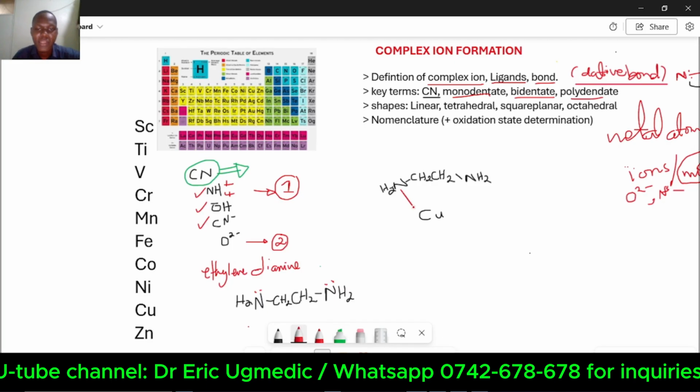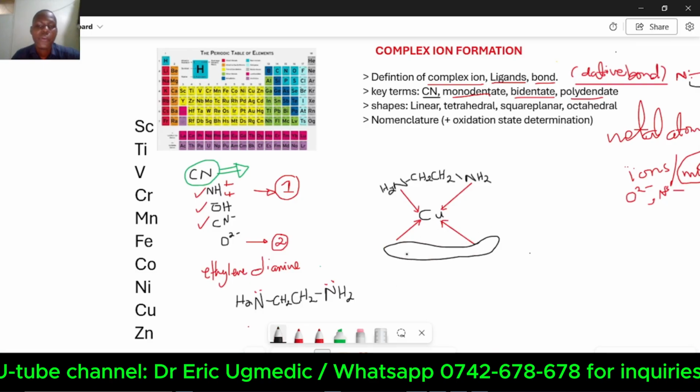How do we do that? Remember, we use arrows. On this side too, you see that nitrogen is donating electrons to that. You will also have another molecule, because copper normally forms a complex with two of these molecules. So you have something of that nature.